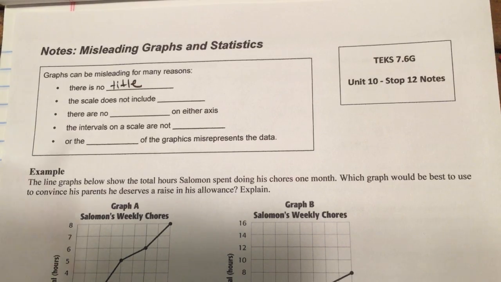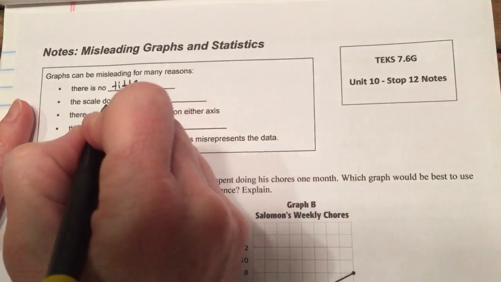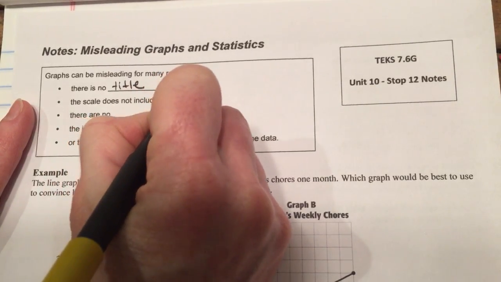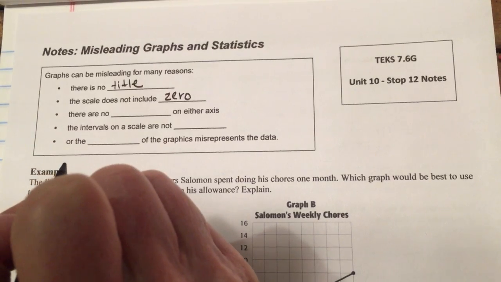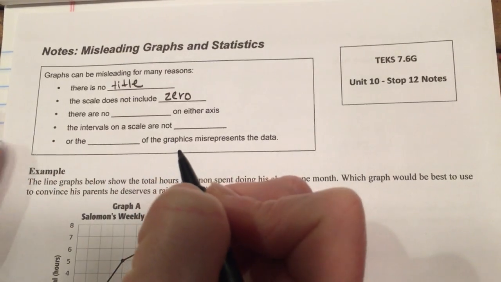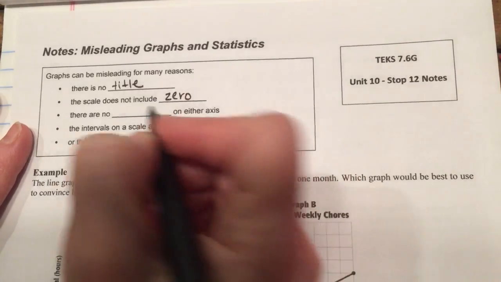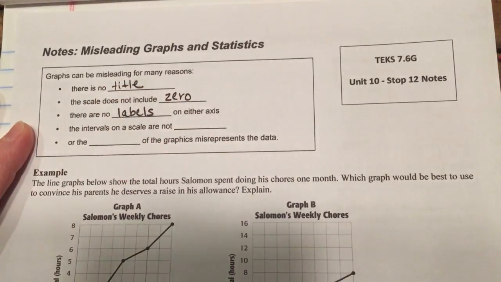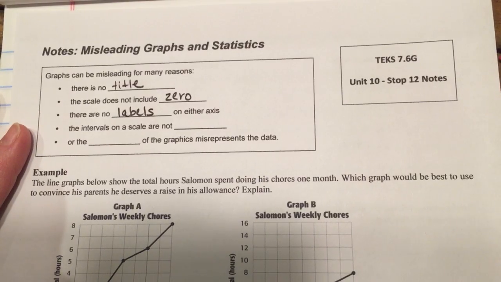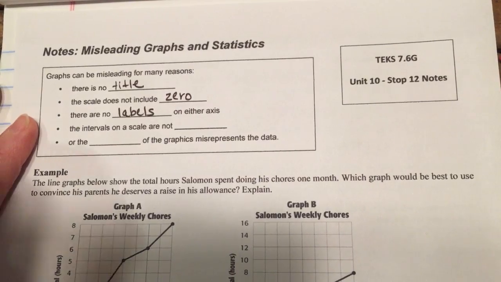Second, the scale does not include 0. This could be a problem because you don't know where the numbers started, so they may look better than they are supposed to. Third, there could be no labels on one of the axes or both of the axes, so again they're not giving you all the information.